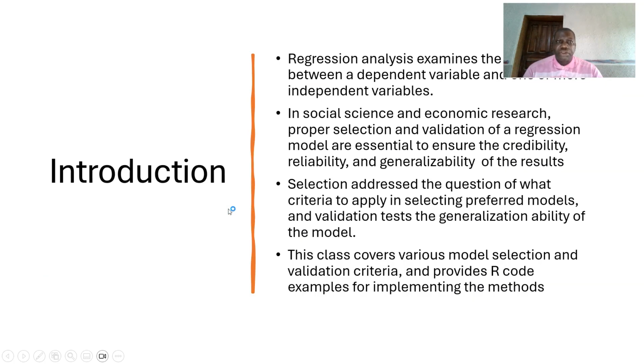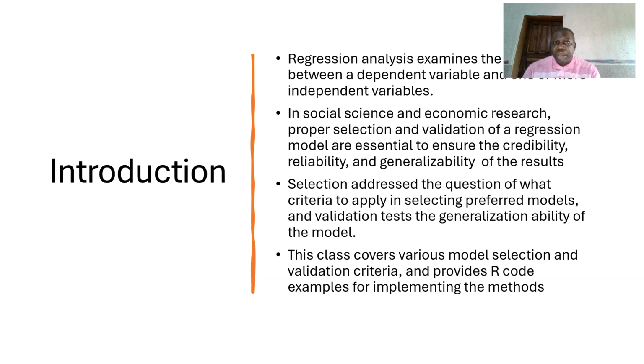By way of introduction, we already know that regression analysis is normally used to look at the relationship between a dependent variable and independent variables. When we are dealing with two variables, as we have learned in the past, there is simple regression, where we have just one dependent and one independent variable.